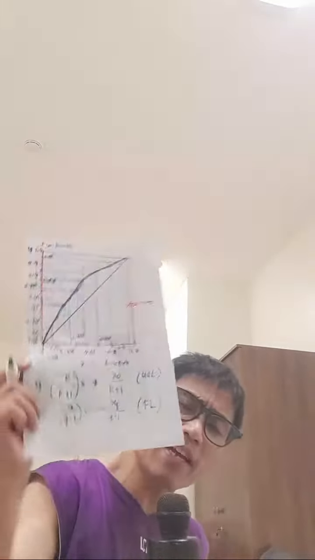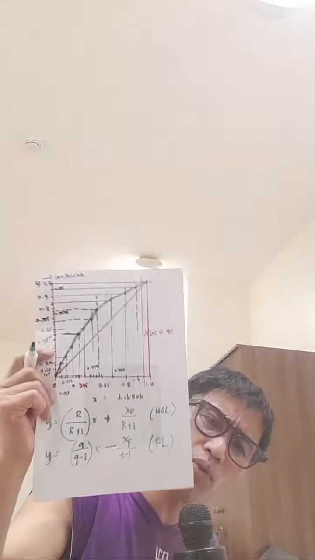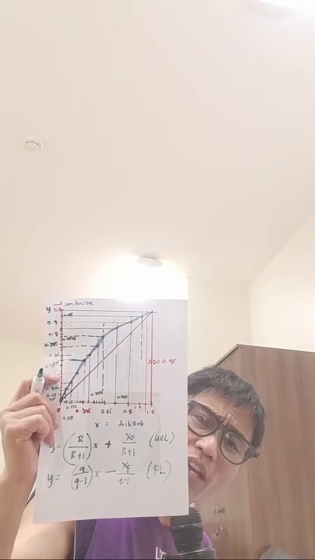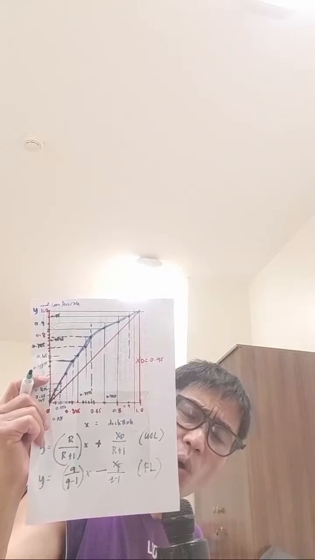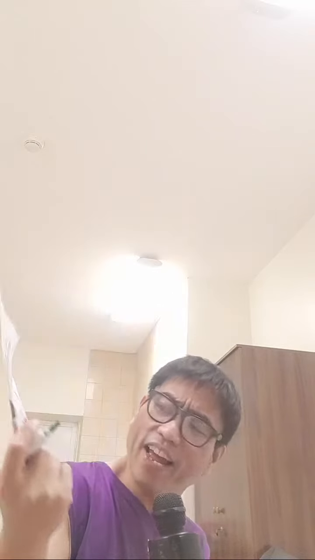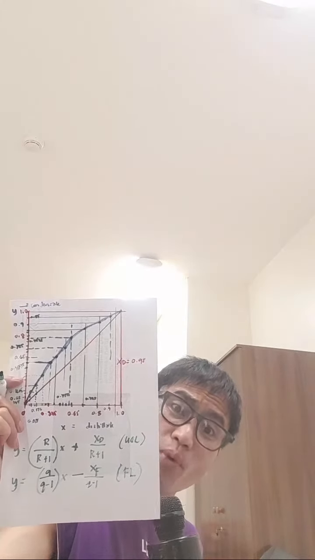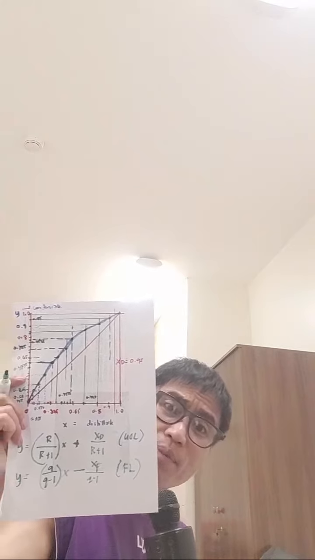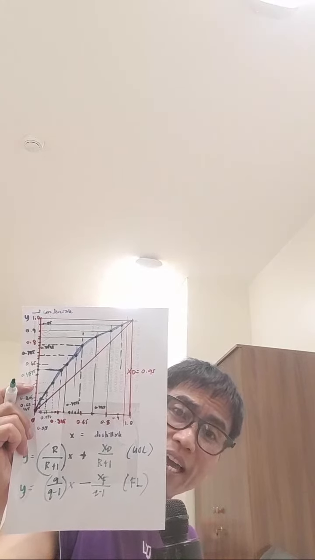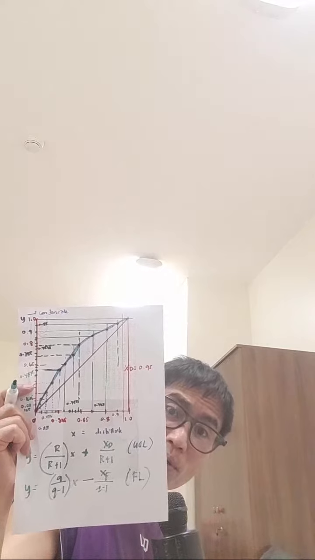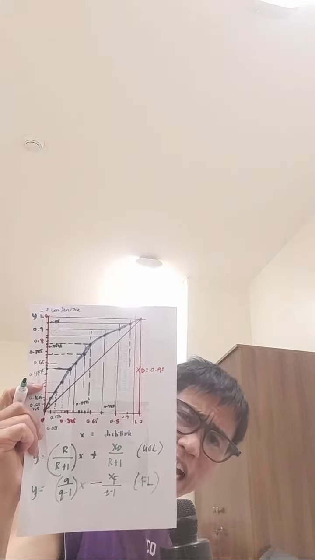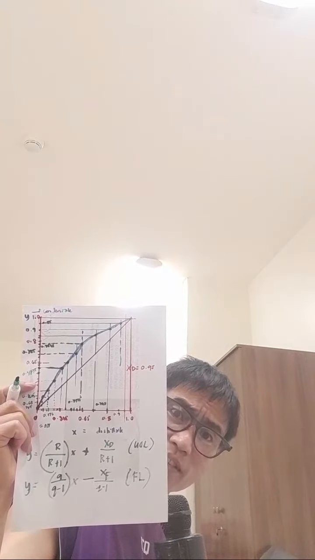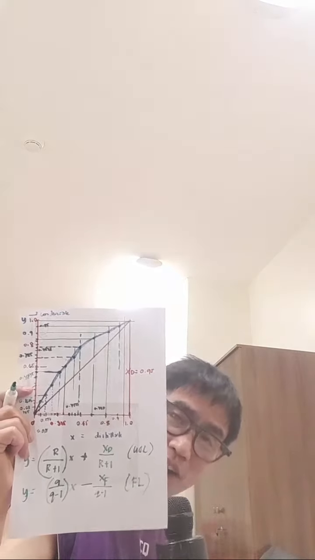So the usage or application of the bottom operating line has no slope equation. It's only to intersect the UOL, or rectifying line, and the feed line, the three points, so that we can draw the number of stages. That's the purpose only of the BOL. So let's remember, BOL has no equation, only the feed line and the rectifying line or upper operating line, so that it's easy for us to think.